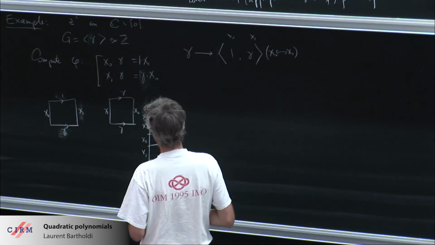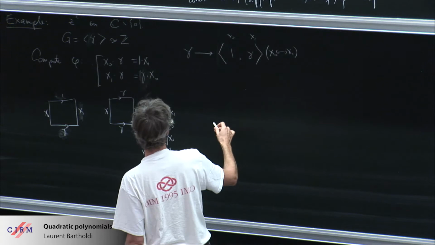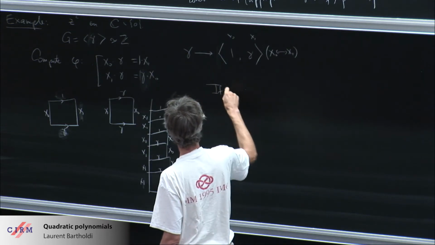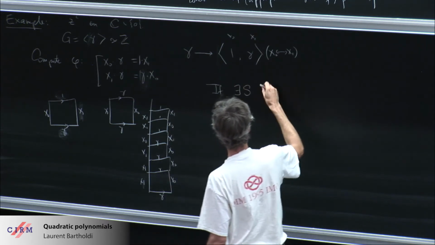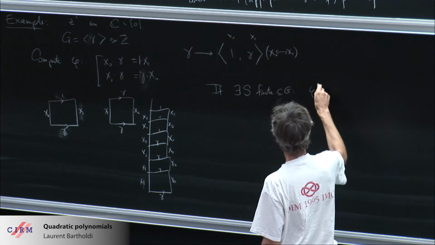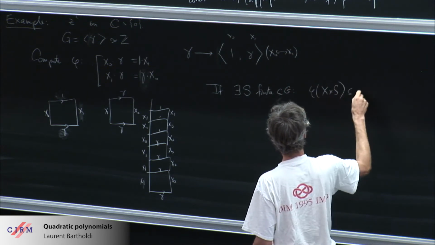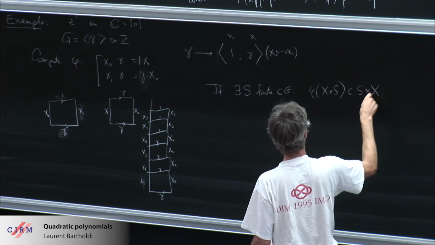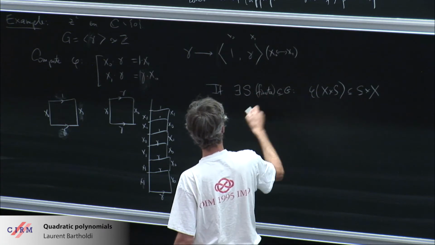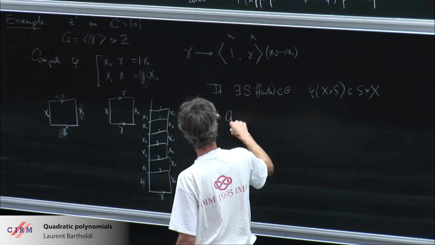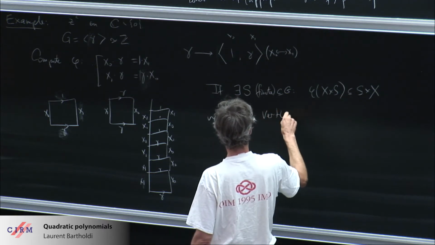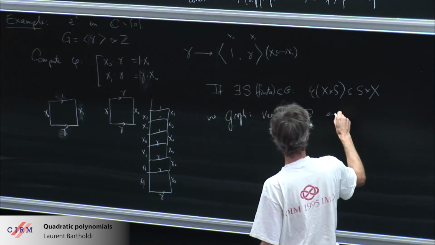And finally, one more notation for this is if you are so lucky that there exists S finite for which phi of x cross S is contained in S cross X, then you can write a graph with vertices S and edges.